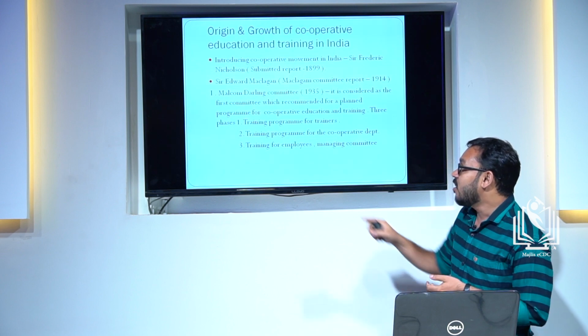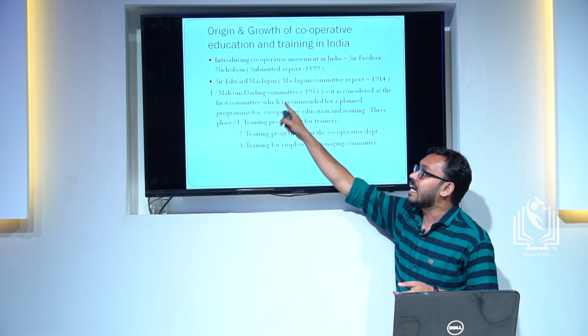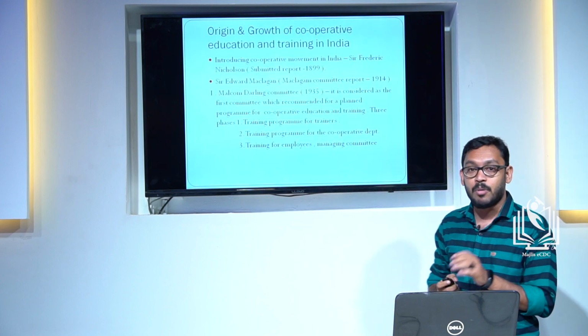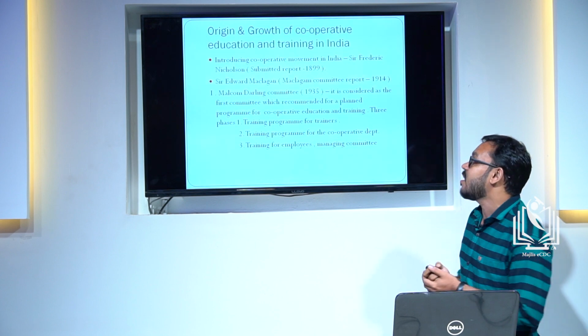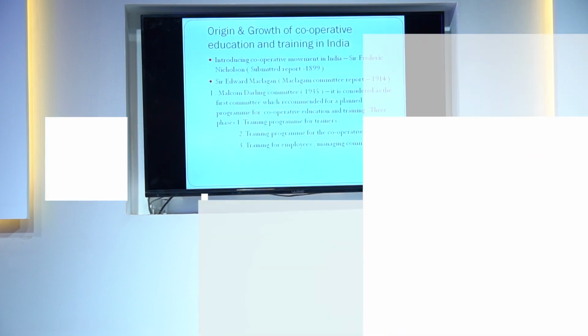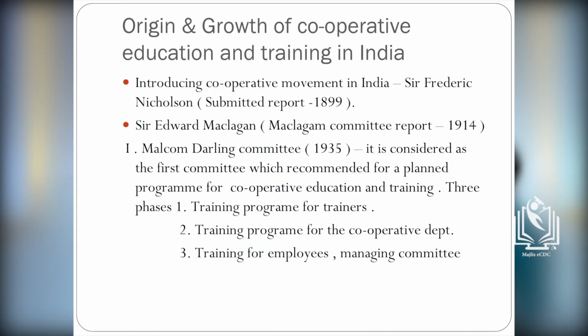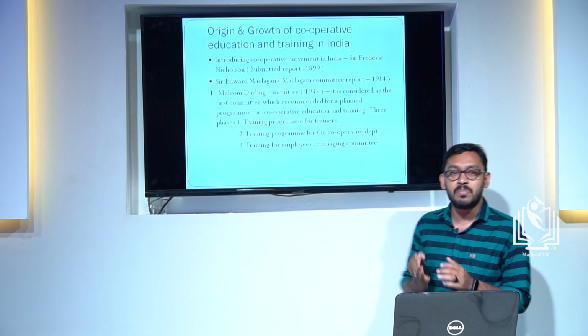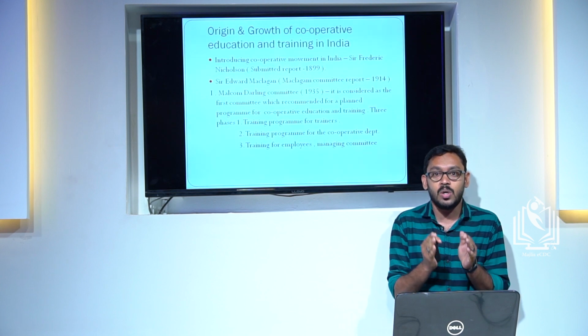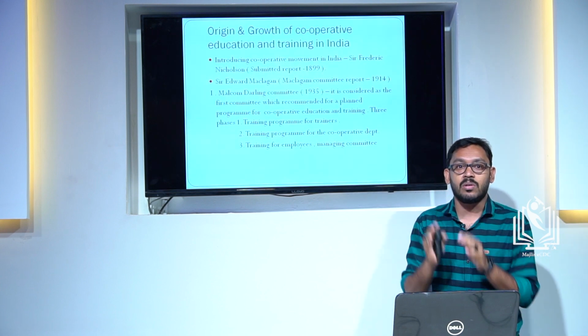And in the year 1935, the Maclagan-Darling Committee was appointed as the first committee to recommend a planned program for cooperative education and training, and its report contained three phases. The first phase includes training programs for the trainers, which means training the teachers and instructors.